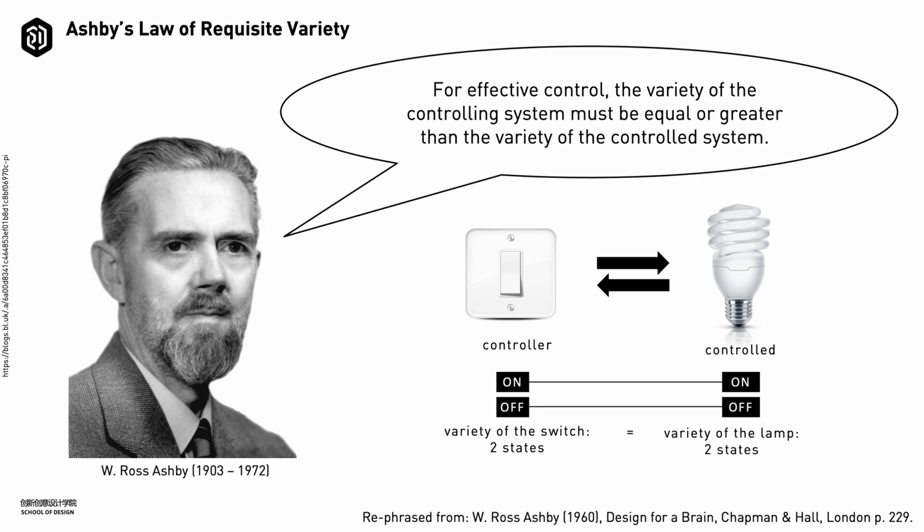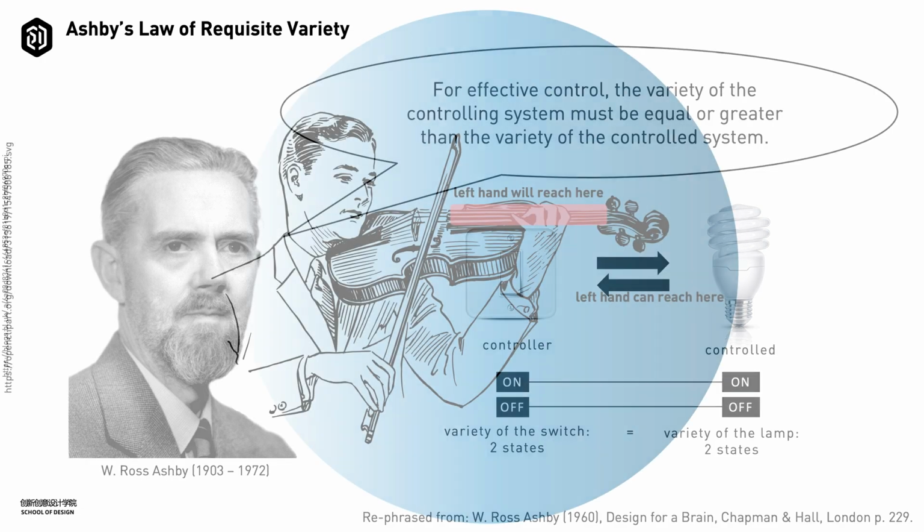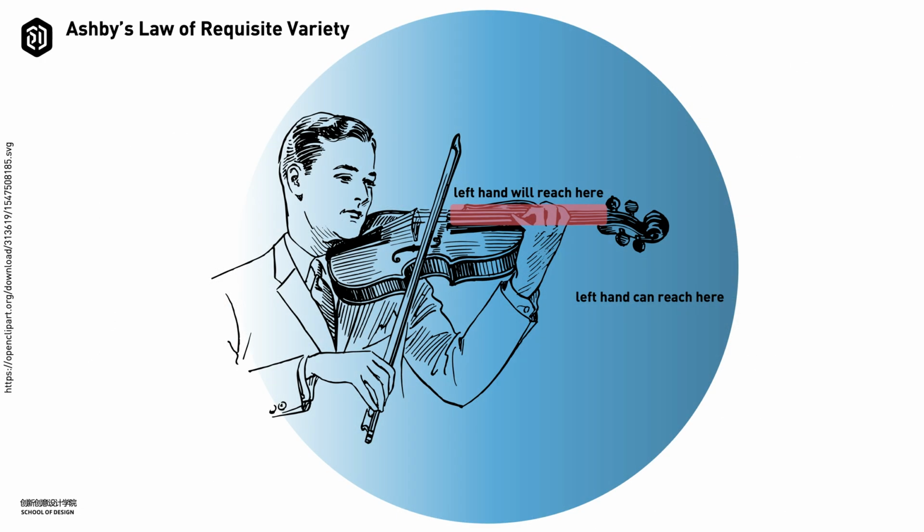So in this example, the switch has two states, the lamp has two states, and those states can be mapped onto each other so that there is no ambiguity, no misunderstanding, and the system is in effective control. Going back to our musical example, you could say that the variety of the controller, if we think of the musician as the controller, can reach everywhere. The controller has a lot of variety, but putting the fingers onto the neck of the violin is enough to control the instrument to play a tune.